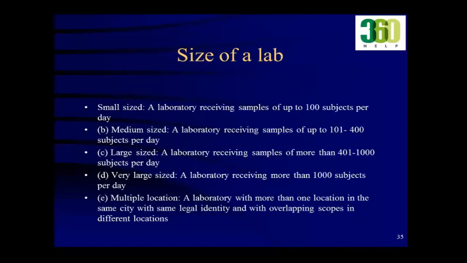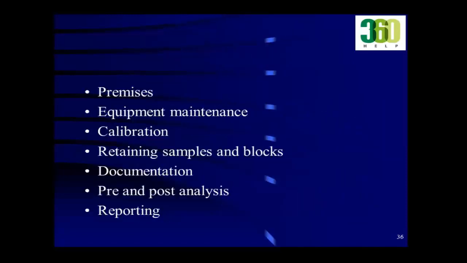Size of the lab, I told you earlier also, is very important. So if we come to the conclusion, certain things which you need to start with when you think of applying for NABL is, look at your premises. Is my space good enough? My rooms are okay. I have a separate place for grossing. I have a separate place for the rest of the procedures.